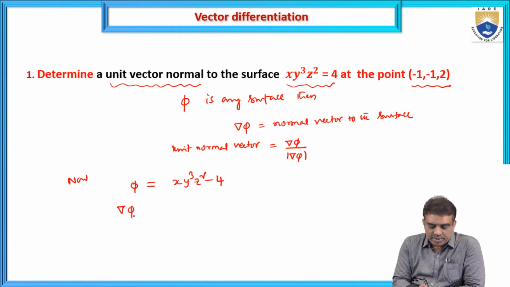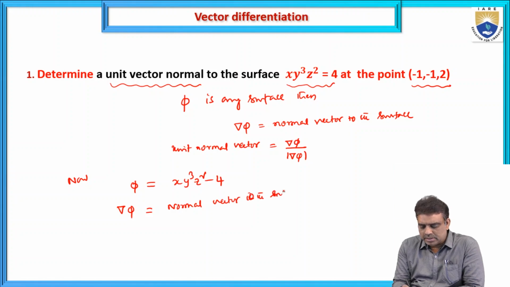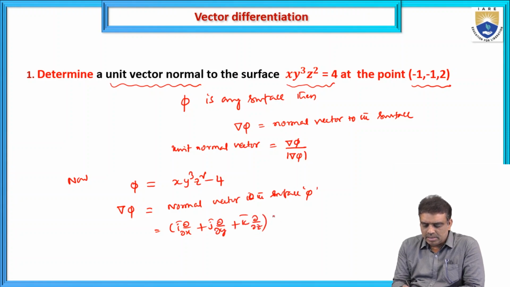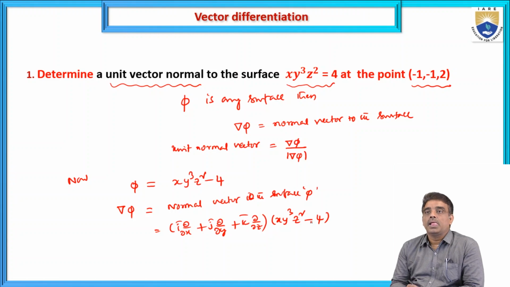And grad phi is the normal vector to the surface, which is i bar ∂/∂x plus j bar ∂/∂y plus k bar ∂/∂z of the given function phi = xy³z² minus 4.